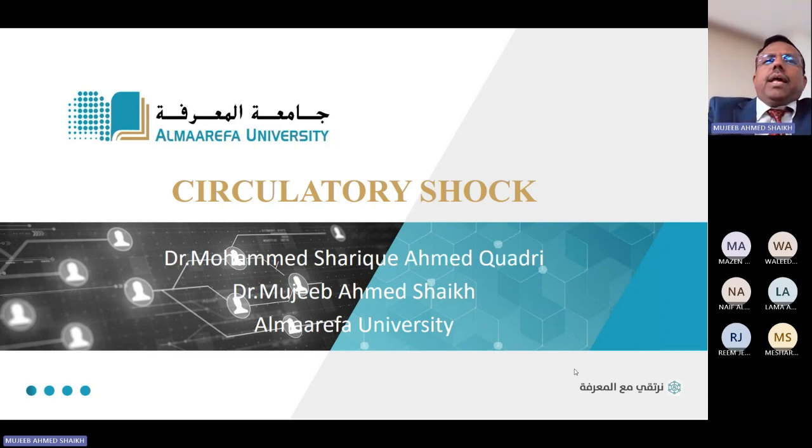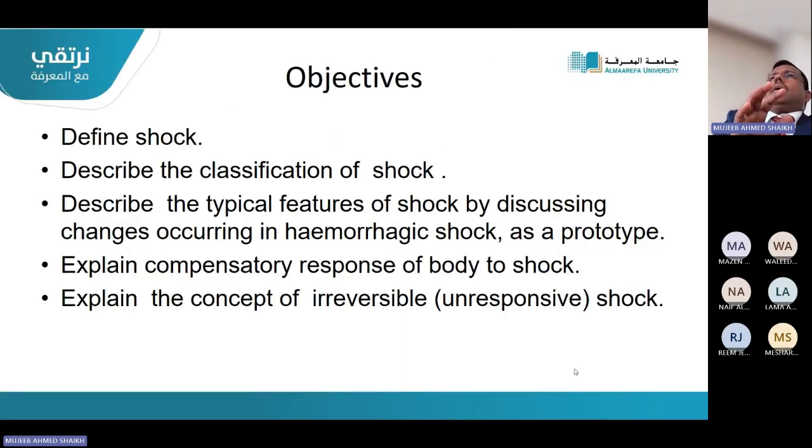Okay. Now, based on this, there can be categories of why the supply to the tissue decreases. Either the heart is not functioning properly, that is failure of the heart, or it is happening because of the cardiac muscle. We call it cardiogenic shock. It could be that the heart is functioning properly, but the amount of blood required to carry the same amount of oxygen is less.